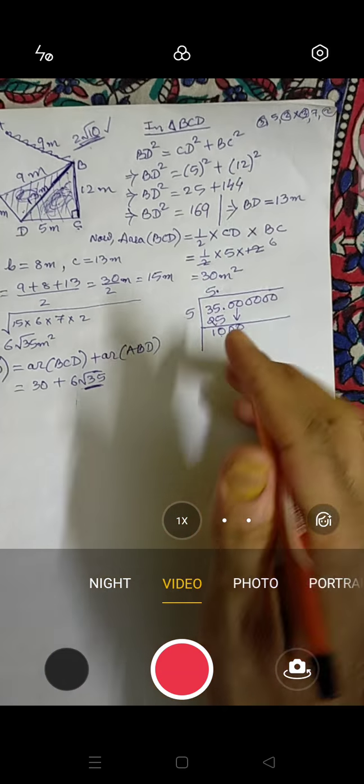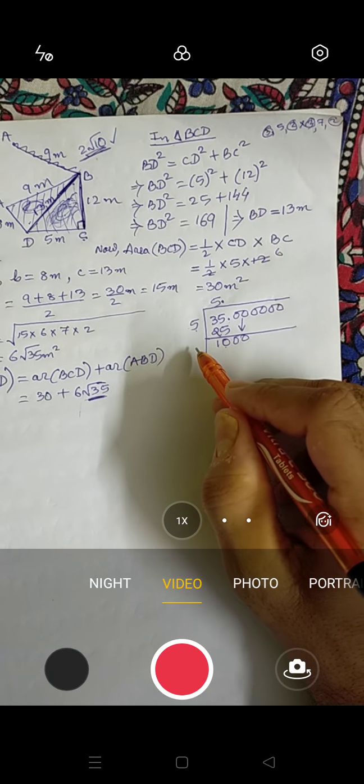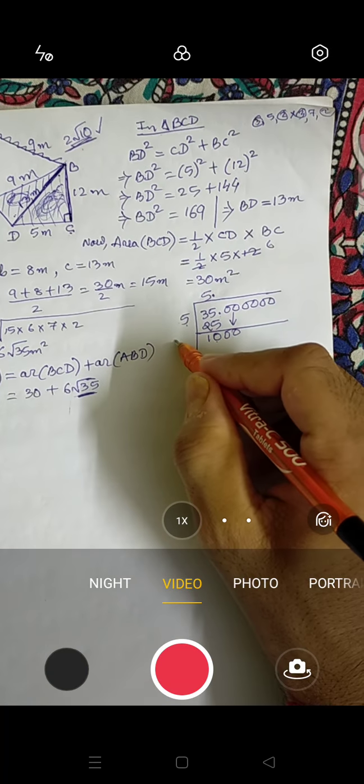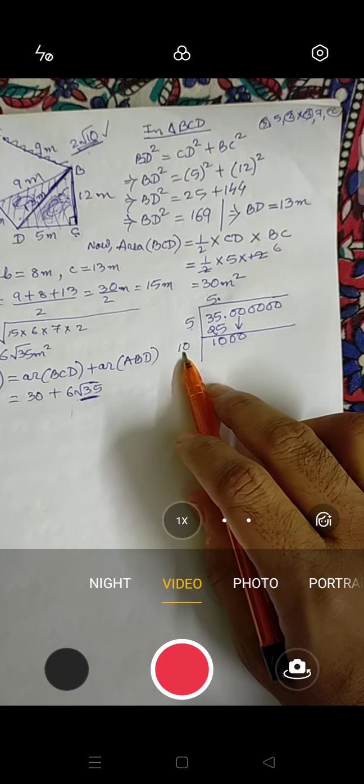Now we are having 10. Now this decimal will move here and 2 zeros will come down. Now as I already told you in class 8, whatever you have taken here will be added exactly and brought down. So 5 plus 5 will be 10. So we'll be bringing 10 here.